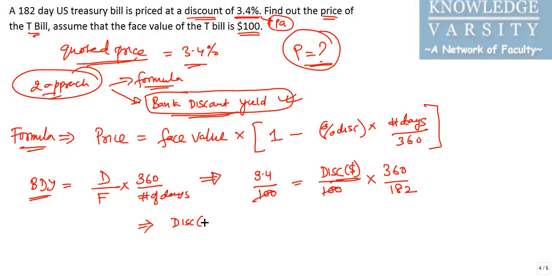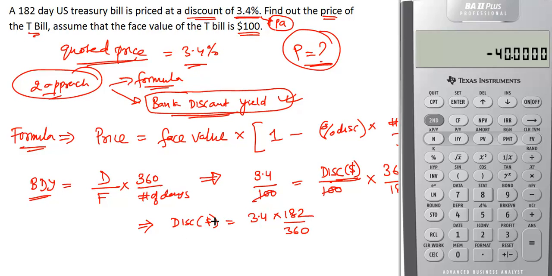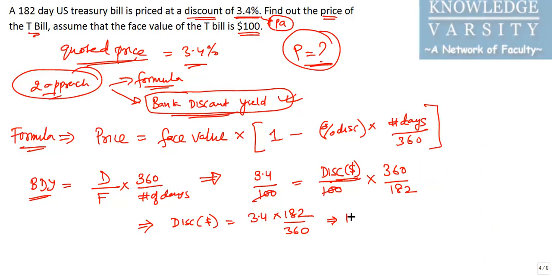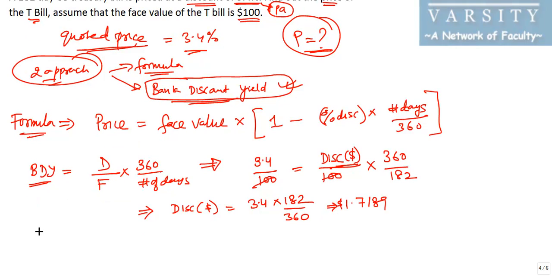The discount in terms of dollars would be given as 3.4 into 182 divided by 360. Using the calculator, it is 1.7189. So the discount is $1.7189.